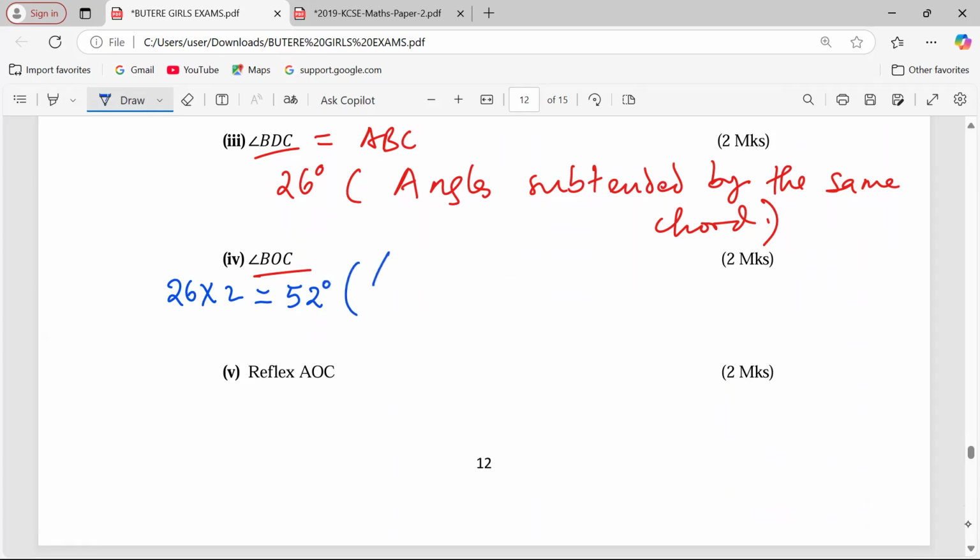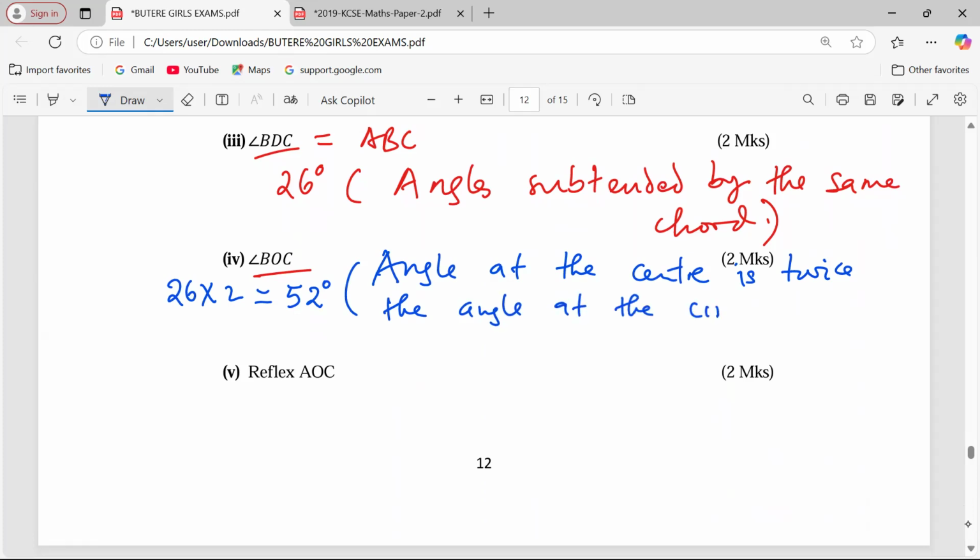Then we say: angle at the center is twice the angle at the circumference by the same chord.